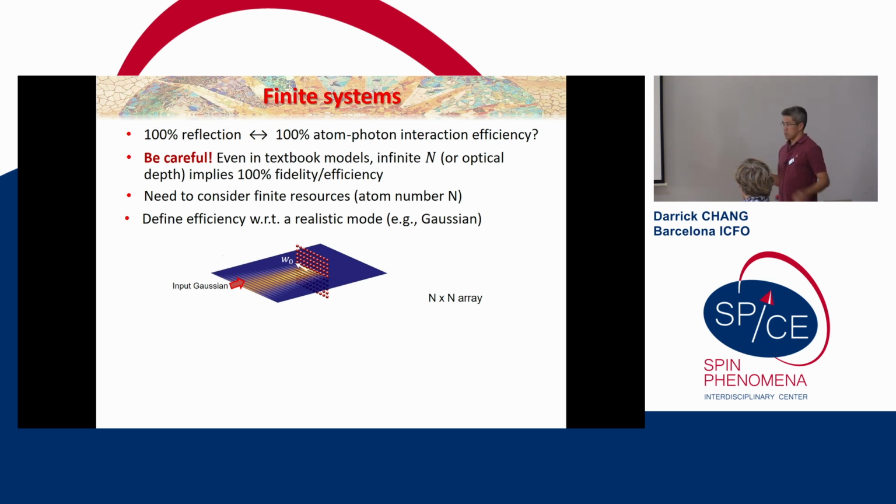Again, the point in optics is that we don't know how to create light in arbitrary modes in 4 pi, nor do we know how to detect light in arbitrary modes in 4 pi. What we do know how to do is create light in simple modes like a Gaussian mode. So in an experiment, you can easily create some kind of Gaussian mode, and you can ensure that that Gaussian mode impinges on some finite array.